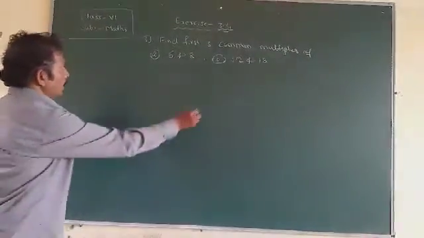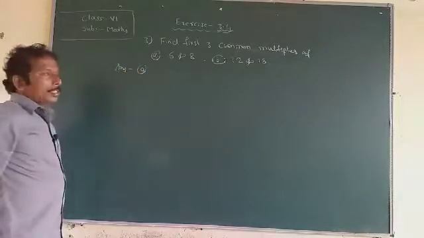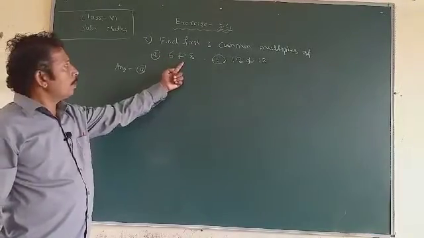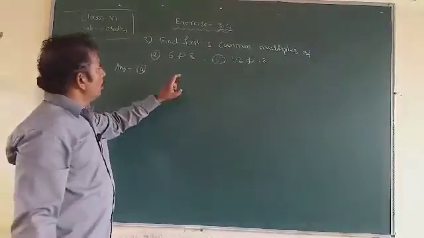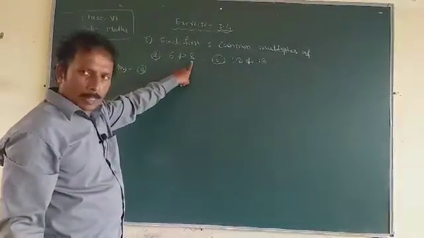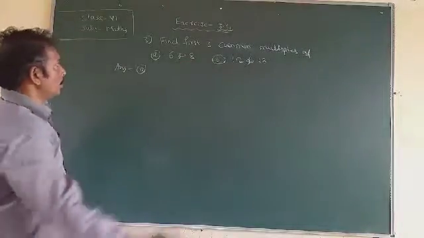See here how to find answer A. In question number A, we are given 2 numbers 6 and 8. First write all the multiples of 6 and then write all the multiples of 8. Then find the common multiples.